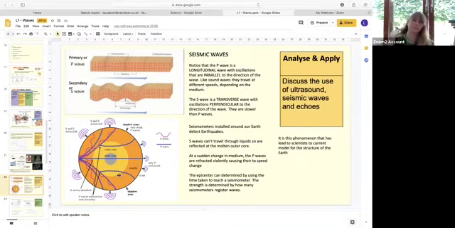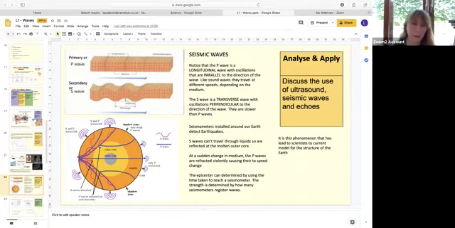So when an earthquake is happening around the globe, scientists have installed seismometers around our Earth to detect earthquakes, and what they normally do is triangulate. They normally need 3 different readings to work out where the original point of the earthquake was.